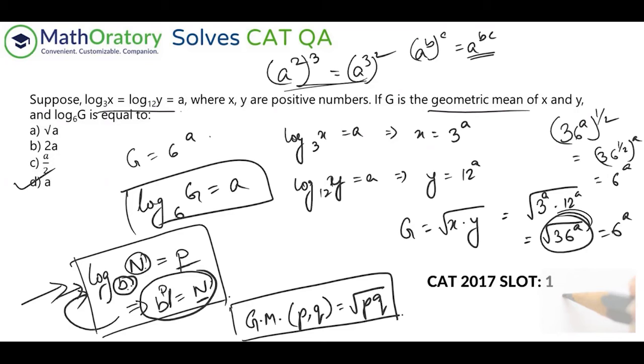So with this kind of understanding, I would have hardly written all of this. I would have directly understood that x is 3 to the power a, y is 12 to the power a. I would not even have written this step. I would have simply multiplied to get 36 to the power a mentally itself, root over is 6 to the power a, and that's it, done. So it will hardly take 15, 20 seconds to solve this. But still, even if you are decently well with it, you understand the basics. When I say understand the basics, I hope you now understand the meaning of it.